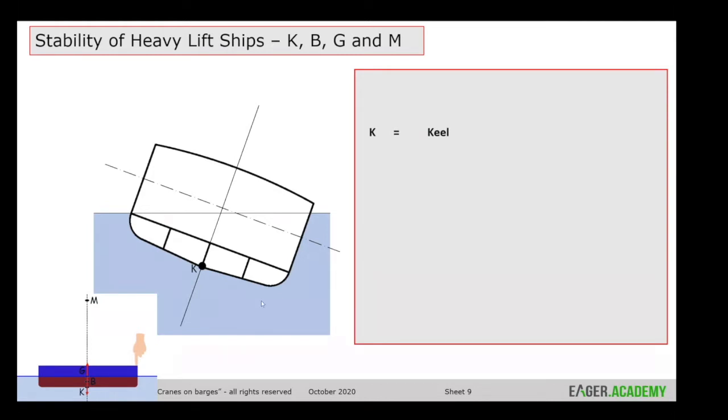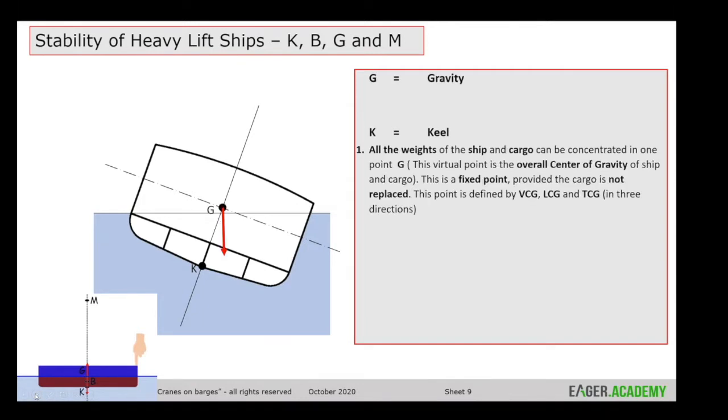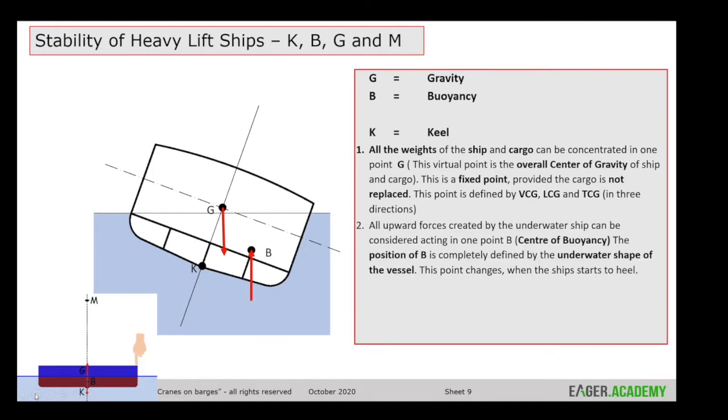Now, how can we calculate this? We go to the point K. We have this point G, which is a fixed point in the ship, and it's the overall center of gravity. We have the center of buoyancy, and this center of buoyancy depends on the shape of the underwater vessel.